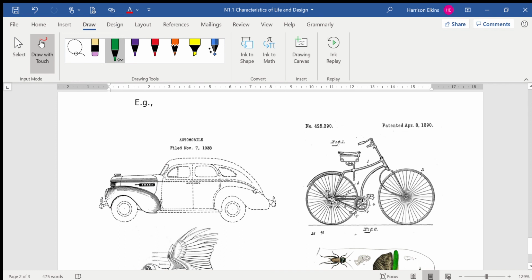We intelligently designed a bicycle and a car. What are some things that are used multiple times? Things we reused. Well, wheels. Even though these are different inventions, human beings as intelligent designers know, hey, if I have already invented the wheel, I can just use it again.